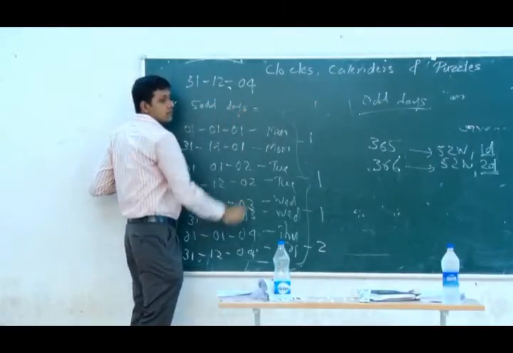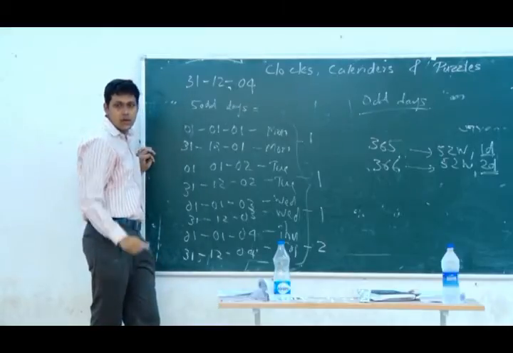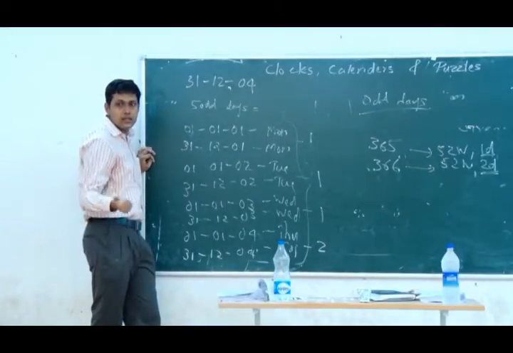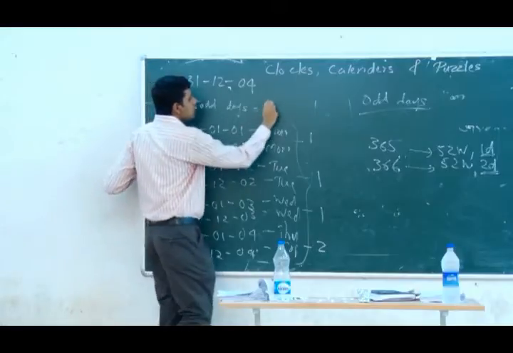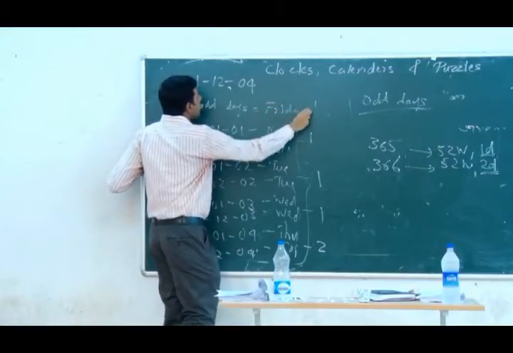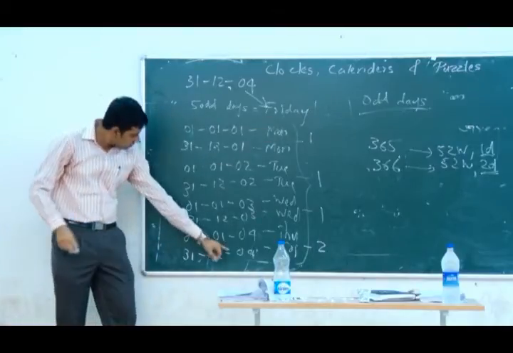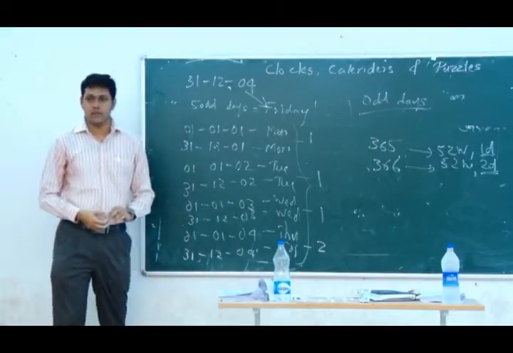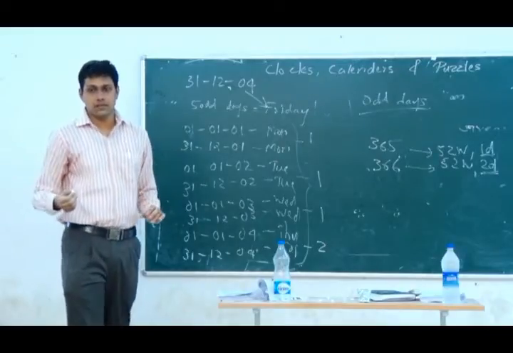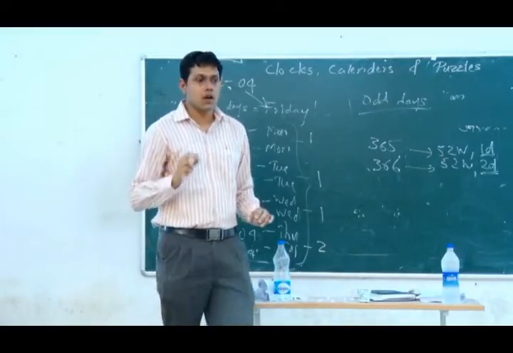What is the 5th day? Monday, Tuesday, Wednesday, Thursday, Friday. So the 5th day is Friday. So 31/12/04 is a Friday. You will get the same answer. Okay, so this is how we use the concept of odd days.